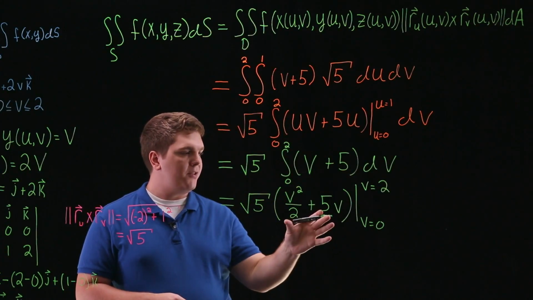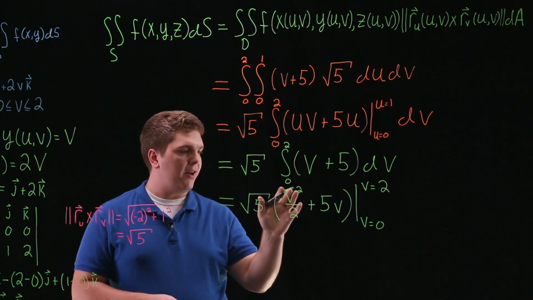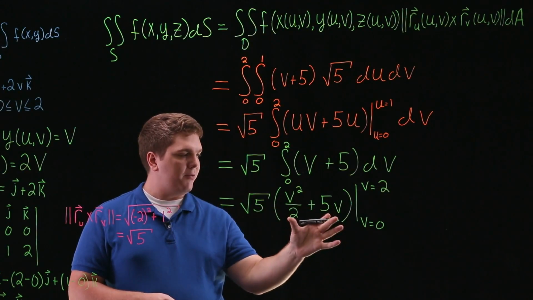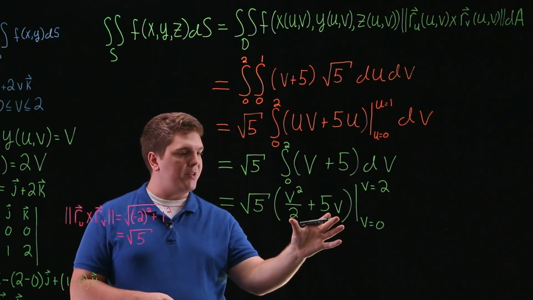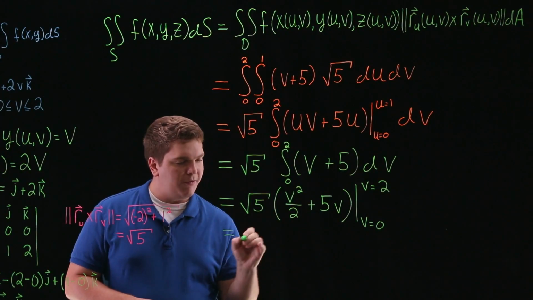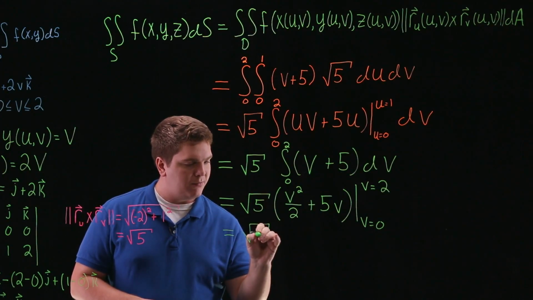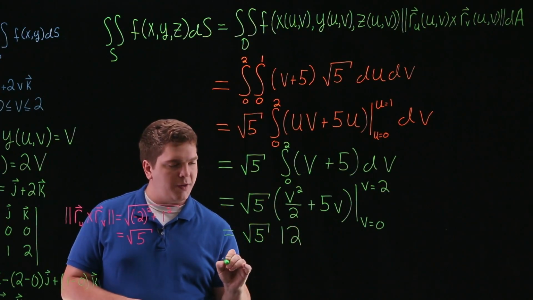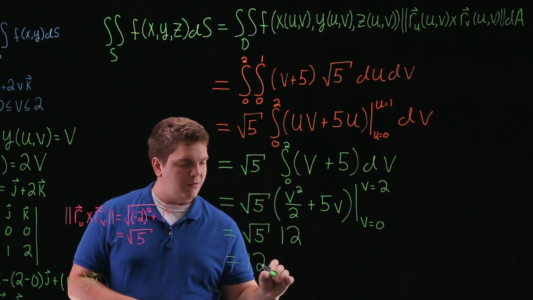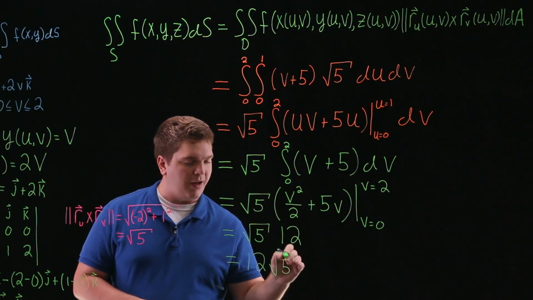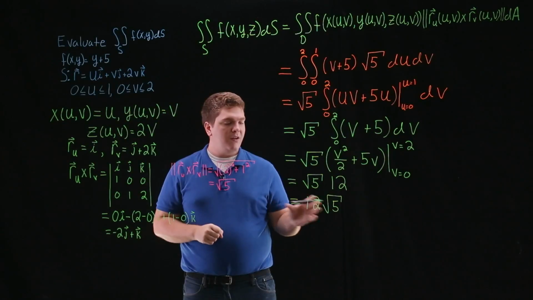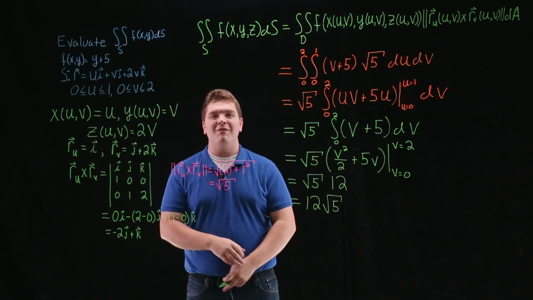If we substitute in 2, we have 4 divided by 2, which is 2, plus 10. And if we substitute in 0, this is going to be 0. So what we're left with is the square root of 5 times 12, or we can write this as 12 times the square root of 5. So this surface integral is equal to 12 times the square root of 5.